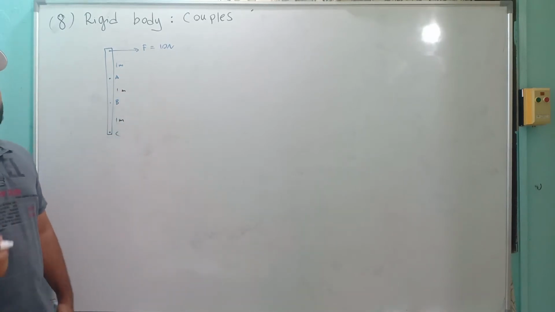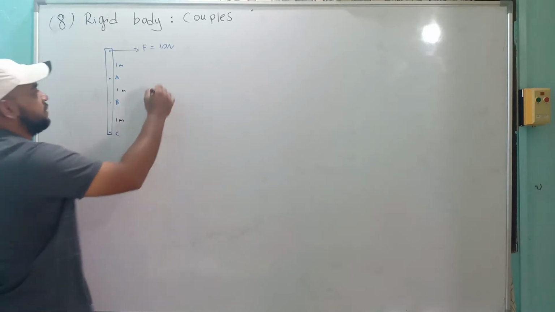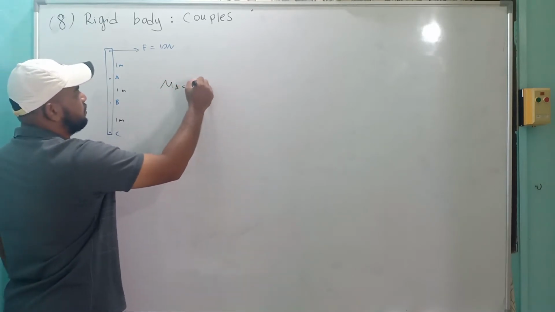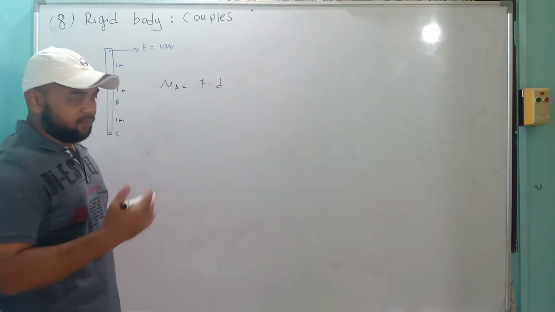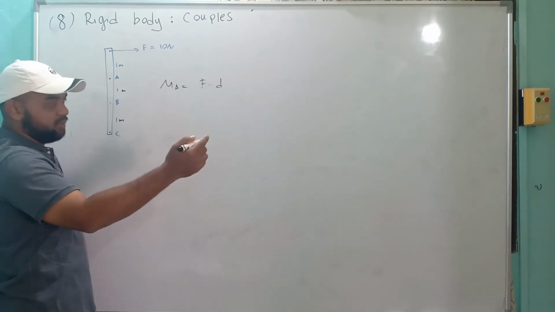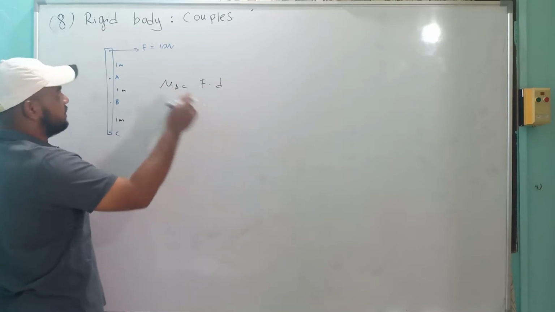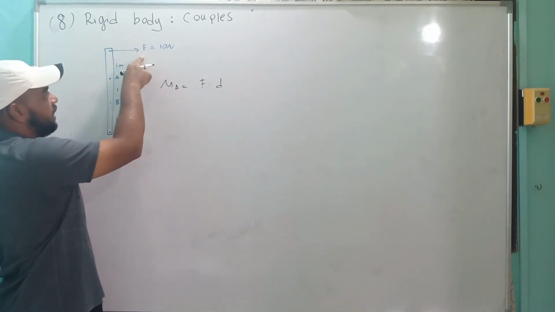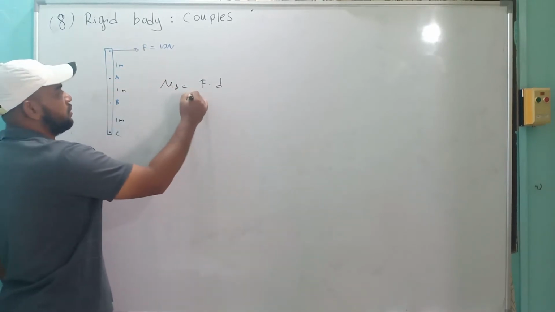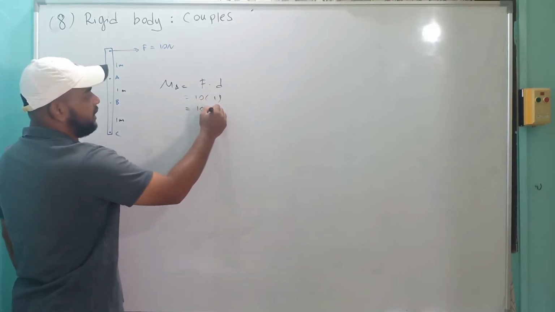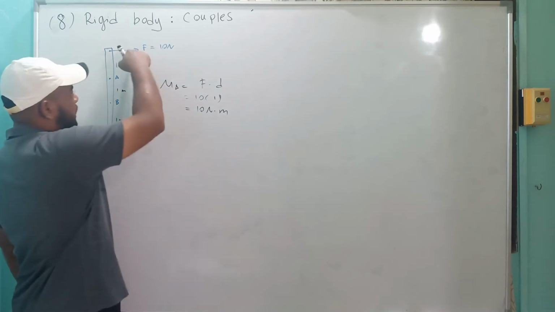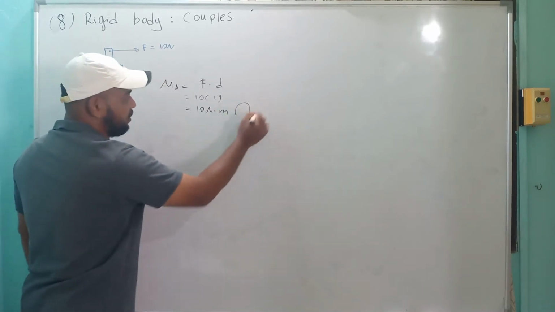If I'm taking the moment about point A, for example, MA equals F times D, the force times the perpendicular distance, the shortest distance from the line of action of force F to the point. So equal to 10 times 1, which is 10 Newton meter, and the direction is clockwise.